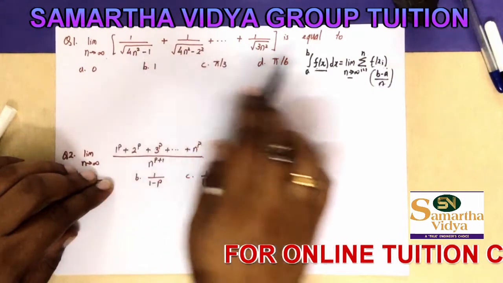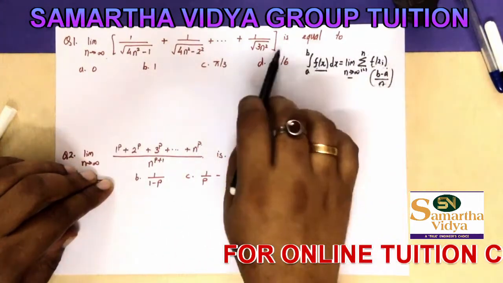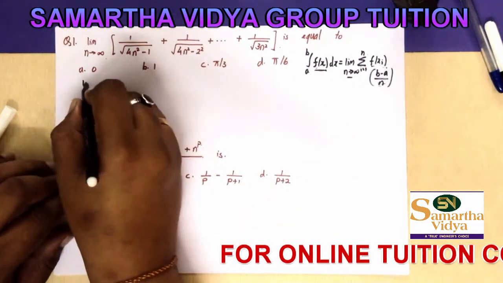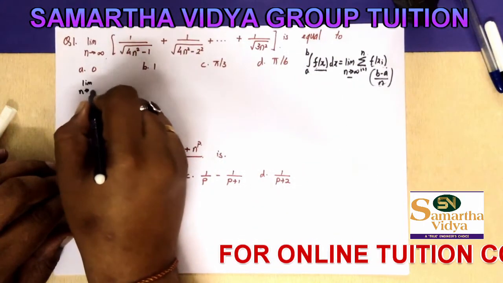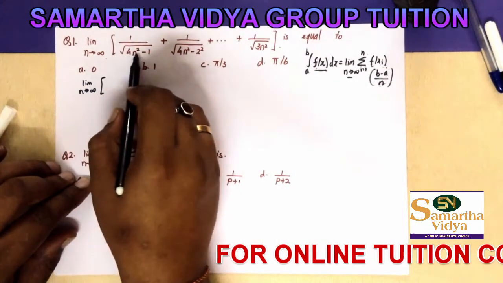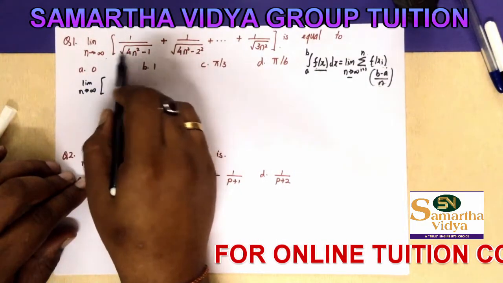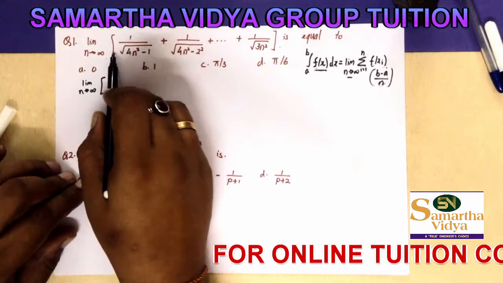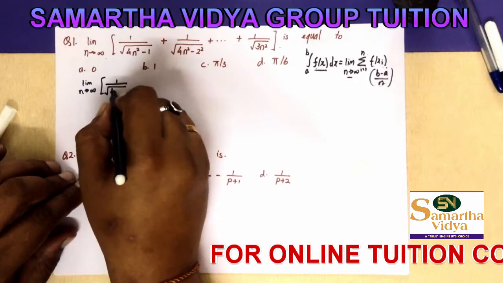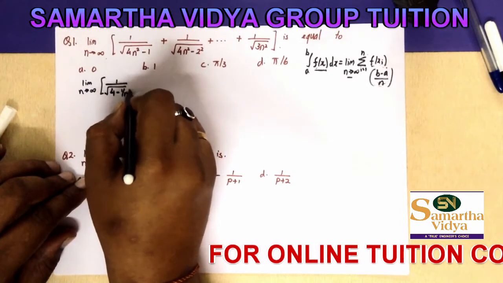So here we need a 1 by n basically to be brought outside this particular summation. So what we will do is, we'll be taking n from each and every term and bringing it outside. If I'm bringing n outside, it's basically going to be n square which is brought outside. So this becomes 1 upon root of 4 minus (1 by n) square.